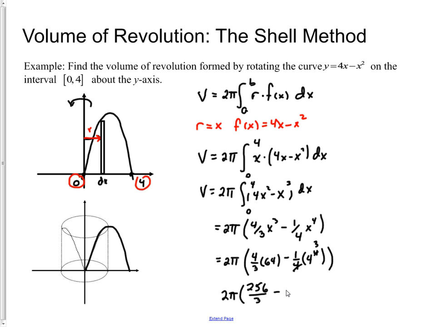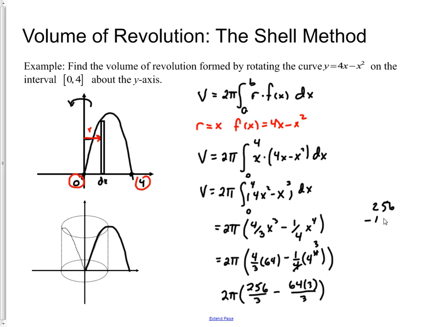So minus 64. And we're going to multiply the numerator and denominator of that by 3 to get a common denominator right here. Let's see, 64 times 3 is 192.